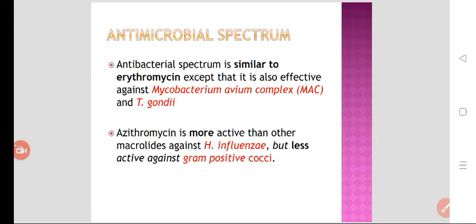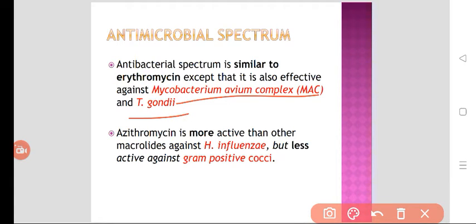The antimicrobial spectrum is similar to erythromycin, except it is also effective against MAC, or Mycobacterium avium complex, and T. gondii, Toxoplasma gondii.